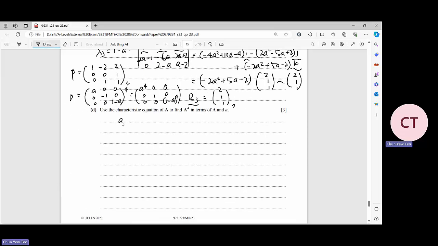I just copy down the result. Just now I factorized the negative out already. So I just put 1 minus A minus lambda.